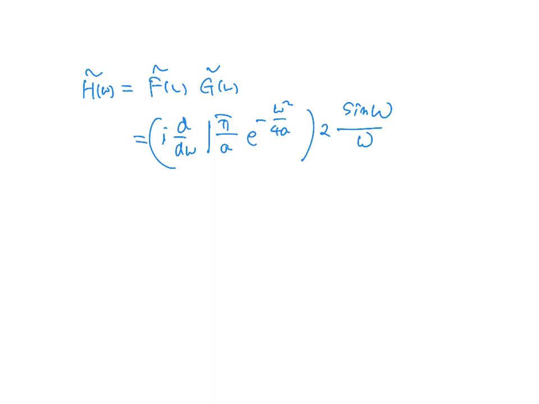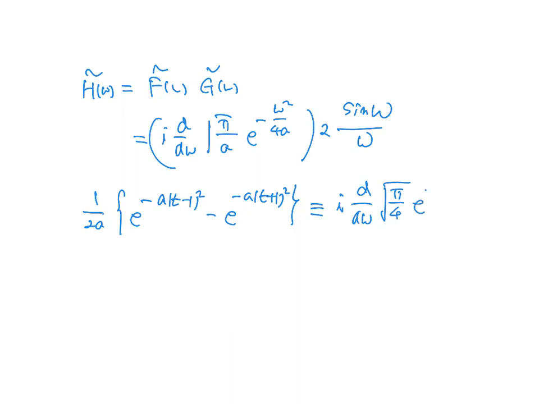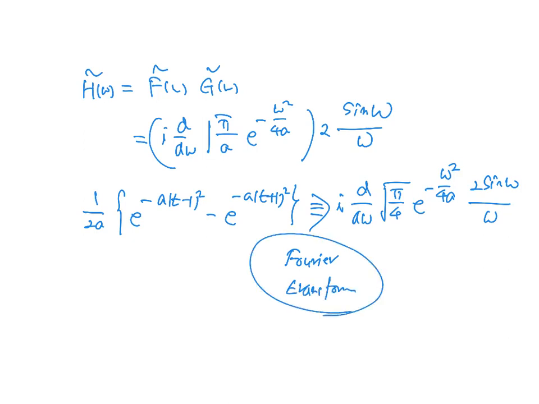So that means the Fourier transform of this function, e^{-a(t - 1)^2} minus e^{-a(t + 1)^2}, is the same as this. So that is how you obtain the convolution integral.